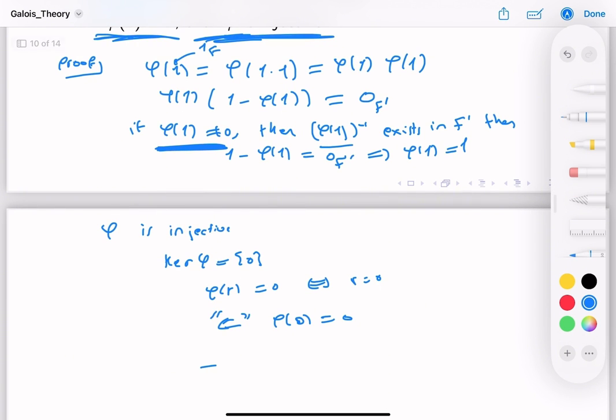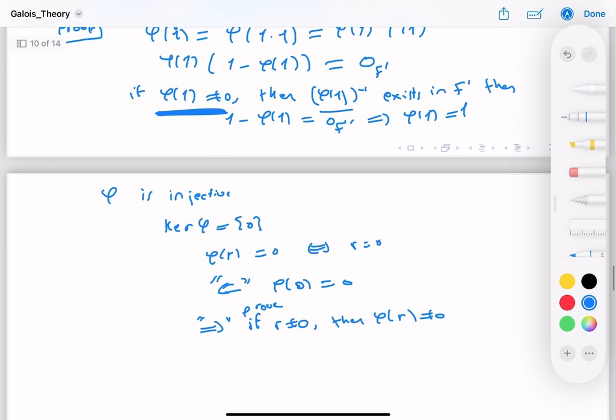So let us prove this direction, right? We want to prove that phi of r is 0 implies that r is 0. So what we will prove is the contrapositive of that: we will prove that if r is not 0, then phi of r is not 0. So this is what we'll prove. And why is this true?